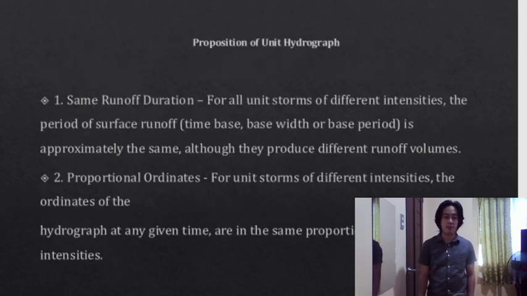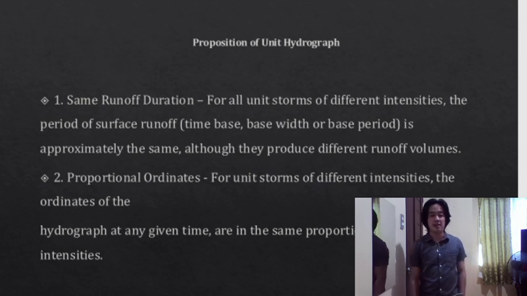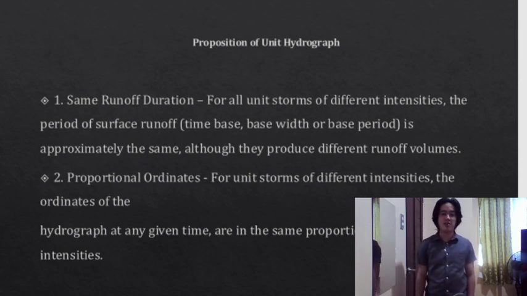So next, the propositions of the unit hydrograph. The first one is the unit runoff duration. For all storms of different intensities, the period of direct surface runoff, the base time or base width, is approximately the same, though they produce different runoff volumes.